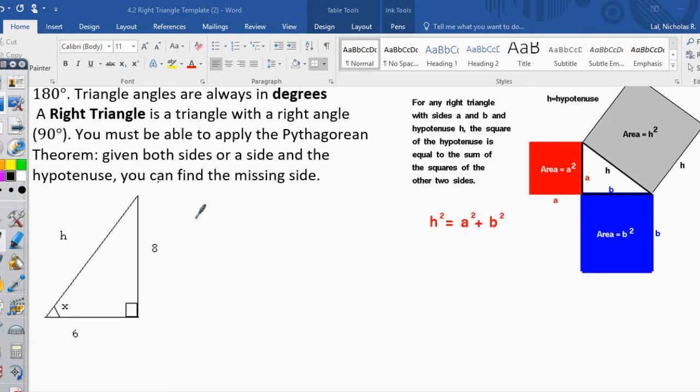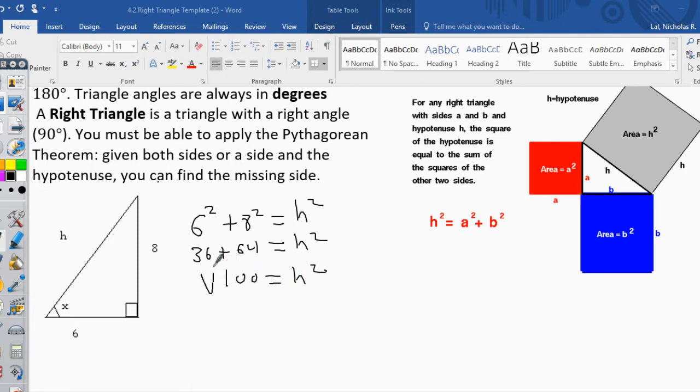You can do the leg squared plus the leg squared equals the hypotenuse squared. So 6 squared plus 8 squared equals h squared. 36 plus 64 equals h squared. 100 is equal to h squared. Root both sides. 10 is equal to h.